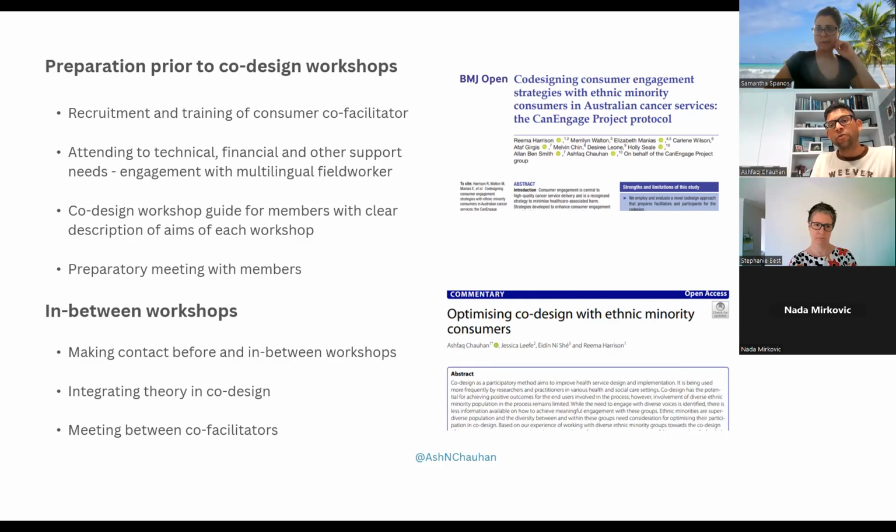What they wanted to contribute and how they wanted to contribute was considered in the workshops. If you want to know more, the protocol paper is also published, Optimizing co-design, which talks about creating conditions for optimizing co-design with ethnic minority consumers.